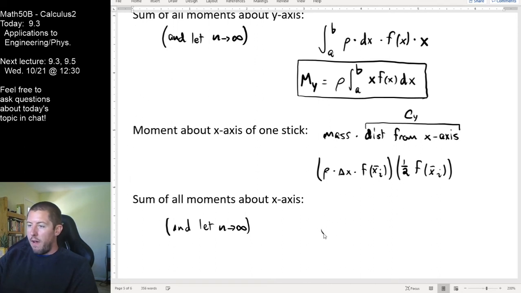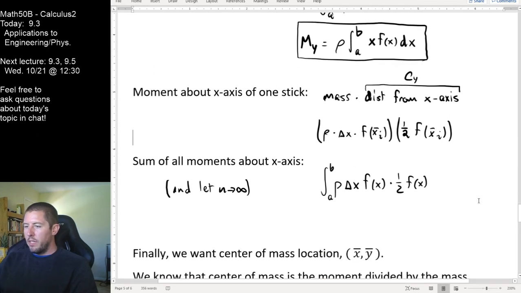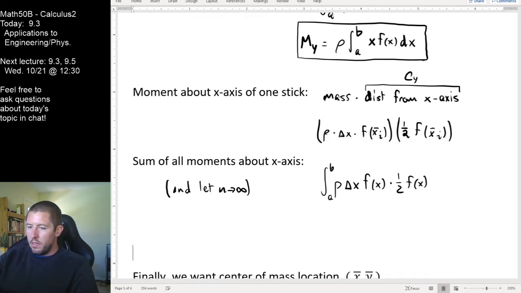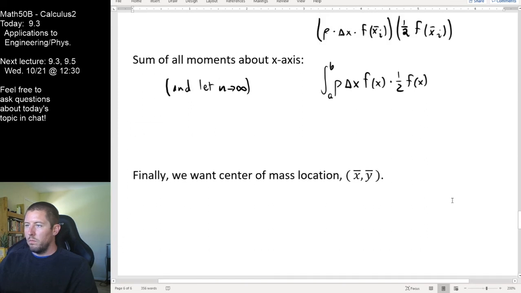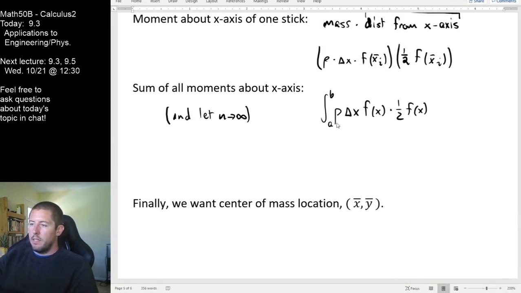then here we're going to find that we're just going to get the integral from a to b of all these parts here. Rho delta x f of x times 1/2 f of x. Now let's just rearrange these so this looks like something we might actually want to deal with. The thing that you should be noticing is that the rho is a constant, the density. 1/2 is a constant.